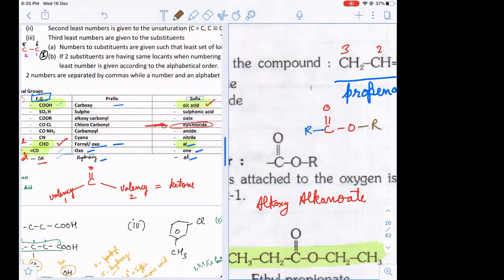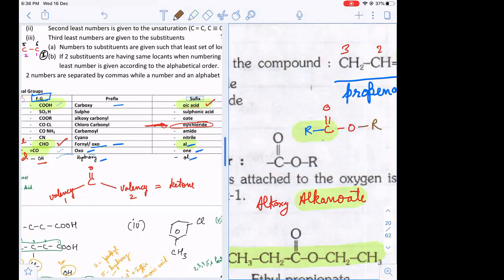The R which is directly attached to the carbon is part of the parent chain. And this part is named alkanoate.